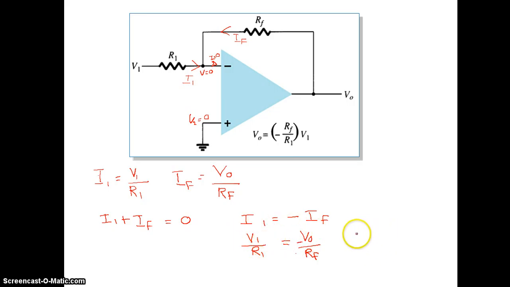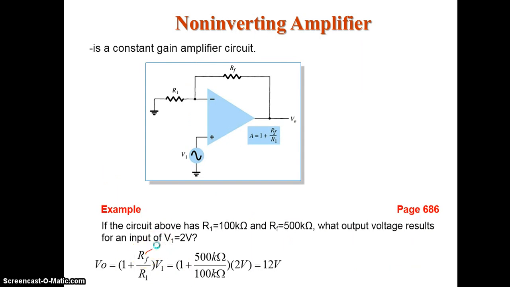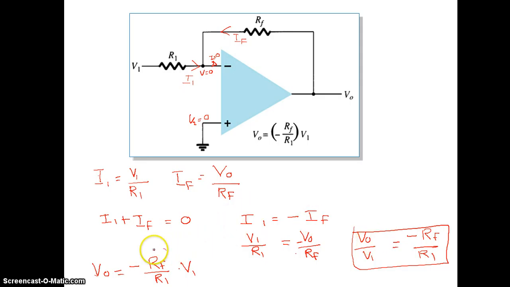Rearranging the equation, I can write V out divided by V1 should be equal to minus RF by R1. This is what is called the output voltage divided by the input, the gain. Or I can write V out is equal to minus RF by R1 into V1, and this is what is called the gain of the amplifier.